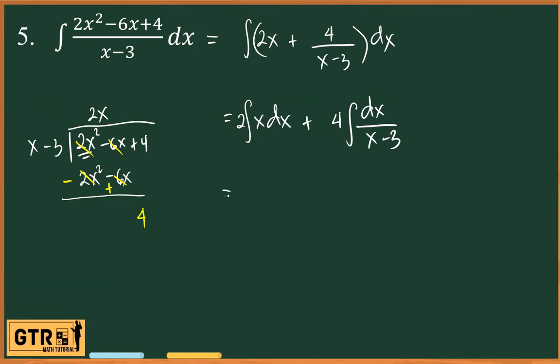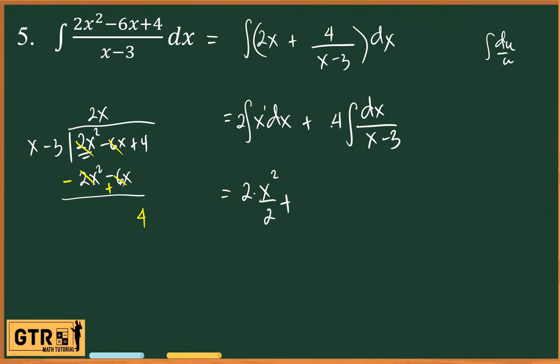We have a direct formula for this. For the first term the exponent is 1, so u to the n du, x to the 1 dx, and the answer is 2 times x to the 1 plus 1 over 2. For the second term, u is x minus 3 and the differential of x minus 3 is dx, so it is in the form integral of du over u.